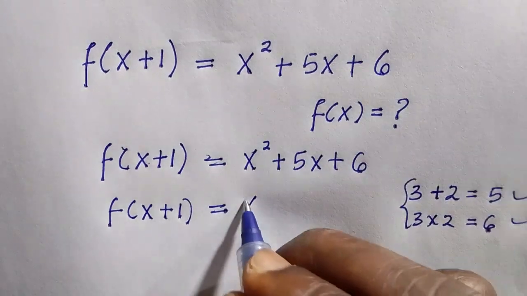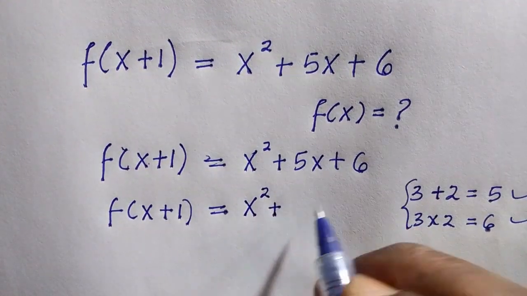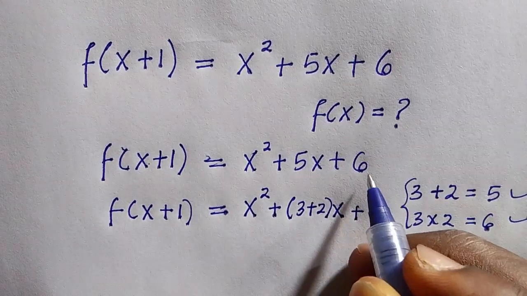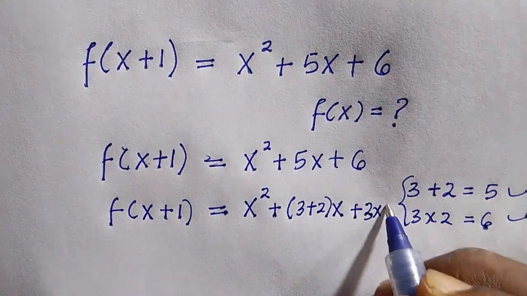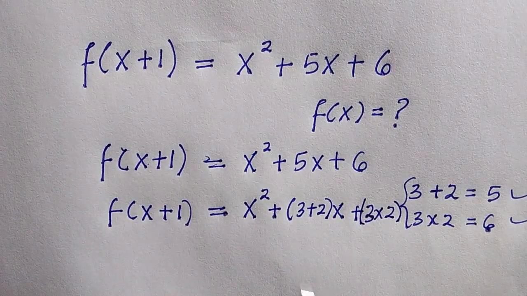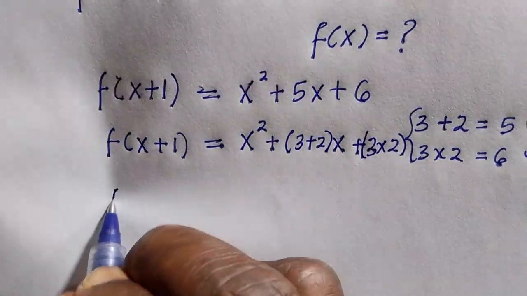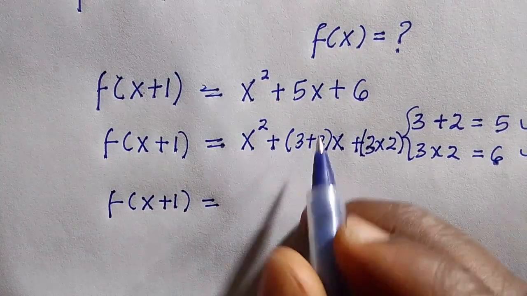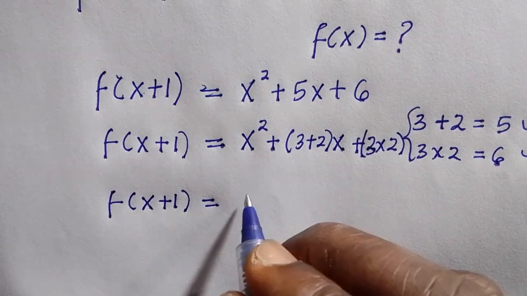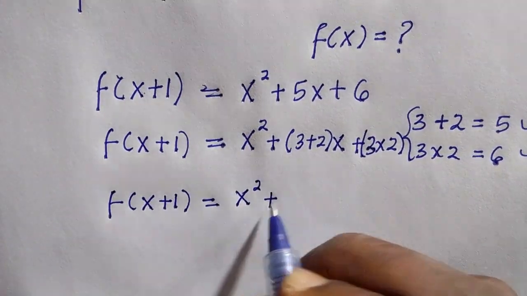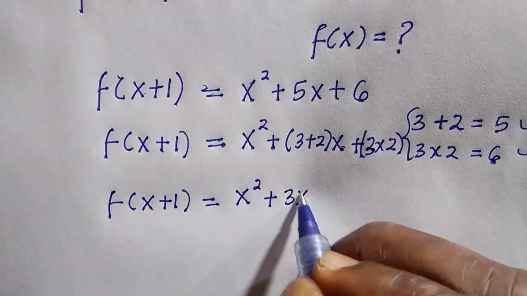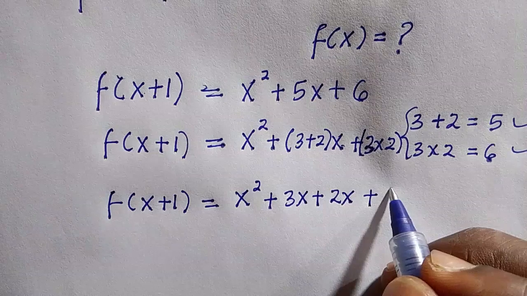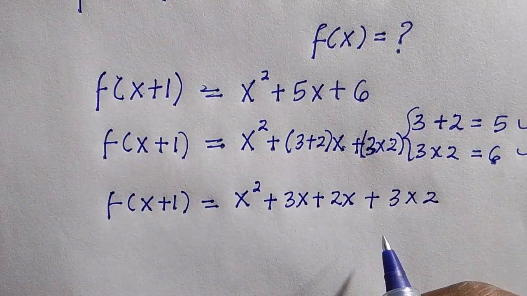That is, for this one we have x to the power of 2 plus 3 plus 2 multiplied by x, plus 3 multiplied by 2. Then we have f of x plus 1 equals, when we open this out, x to the power of 2 plus 3 multiplied by x, we get 3x, plus 2 multiplied by x, that is 2x, plus 3 multiplied by 2.